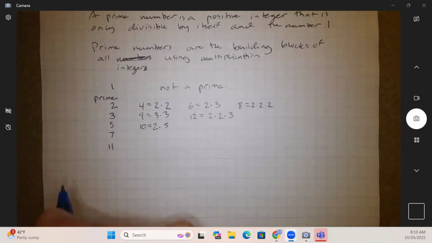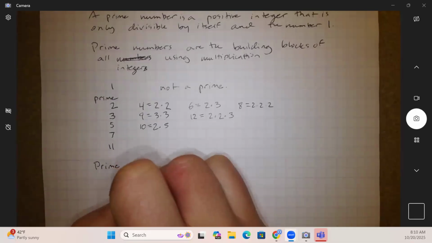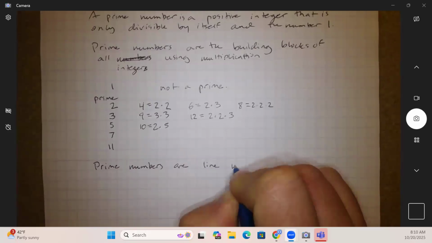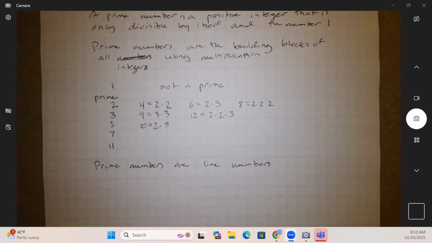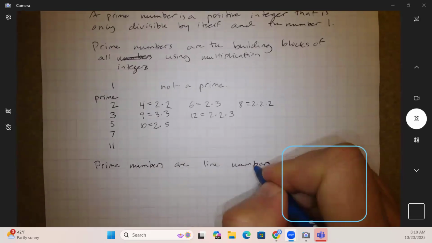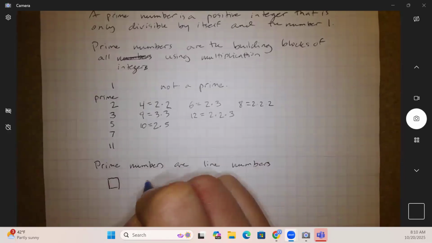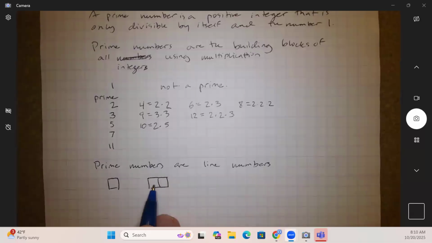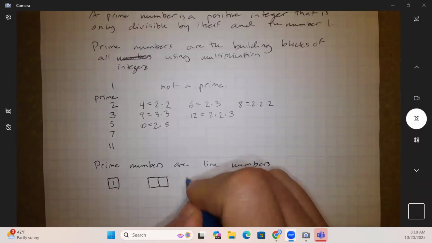The other way I like to think about prime numbers is that they're line numbers. And again, if I were building math, I would call them line numbers in general. Because if you think of numbers as being these little squares, prime numbers you can only write in a straight line. Again, number 1, that's a square number, so that's definitely not a prime number.